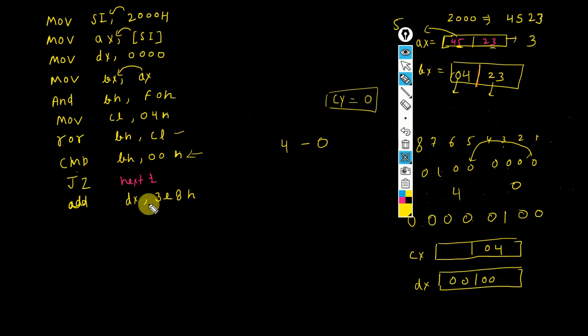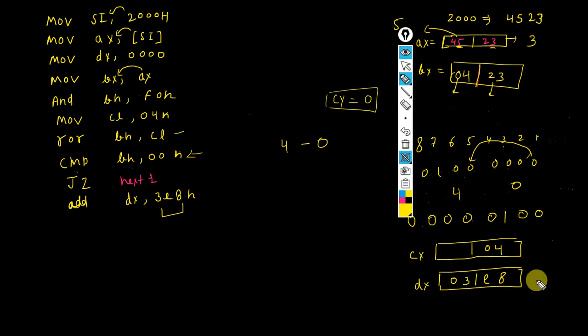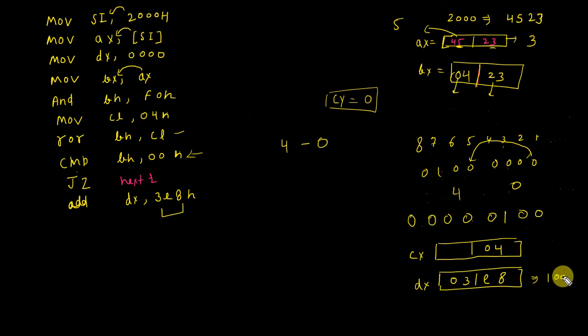When we execute this instruction, ADD DX comma 3E8H, the content of DX register is added with this hexadecimal value. After the execution of this instruction, the content of DX register is 03E8. Basically this is a hexadecimal value and the decimal value is 1000.